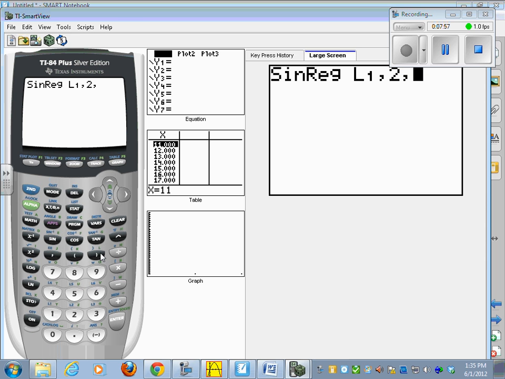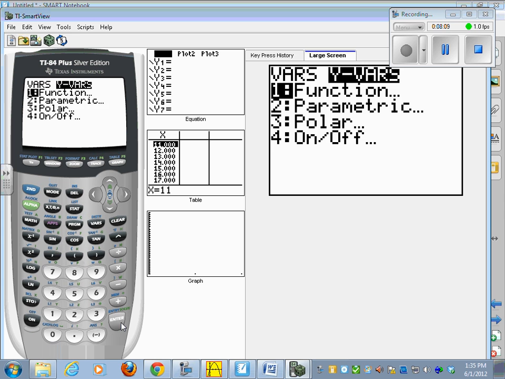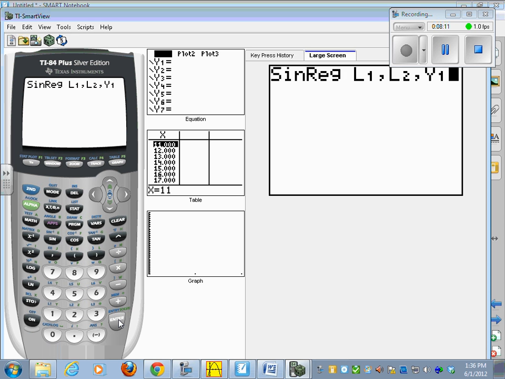And then remember to put it into our y equals. How do we do that? Comma, vars, y vars, function, y1. So that, again, means take the data that's in L1 and L2, do a sine reg, find the equation of the line of best fit, and store it in y1. Press enter.